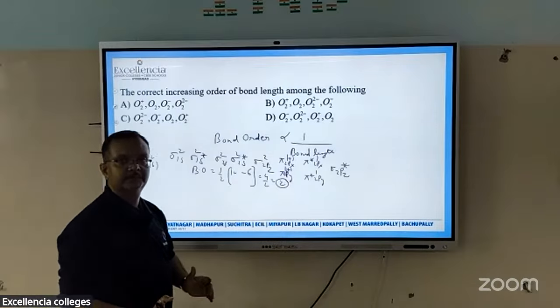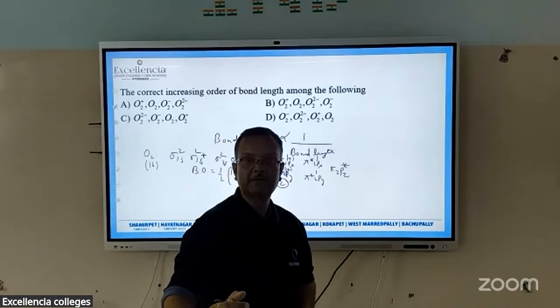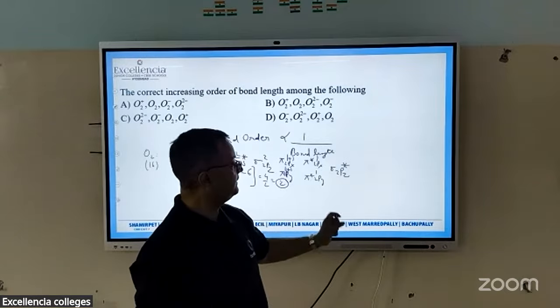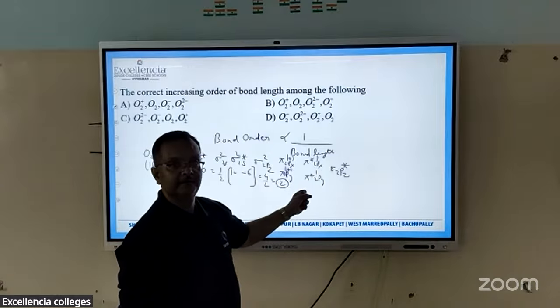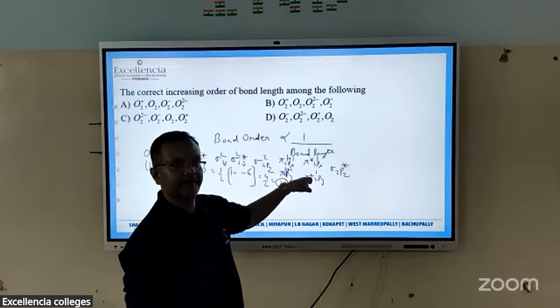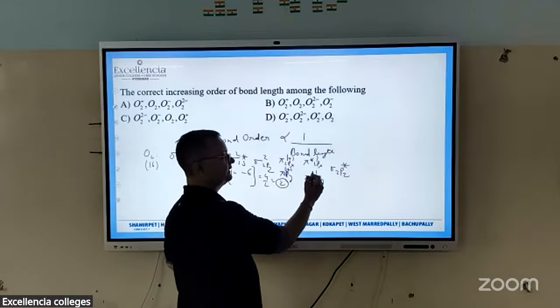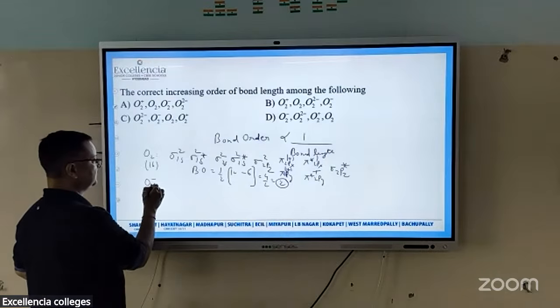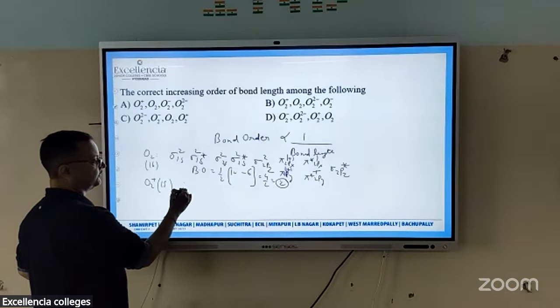In O2 plus, one electron is taken out. You will take the electron from where? From the higher anti-bonding orbital. So in O2 plus, which has 15 electrons, what will the bond order be?